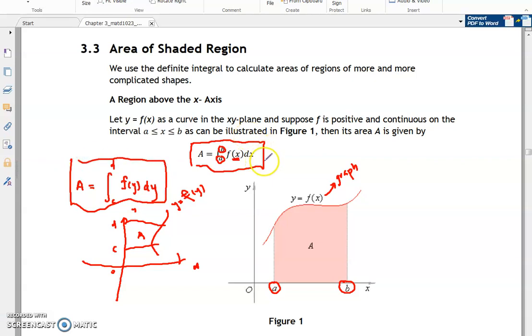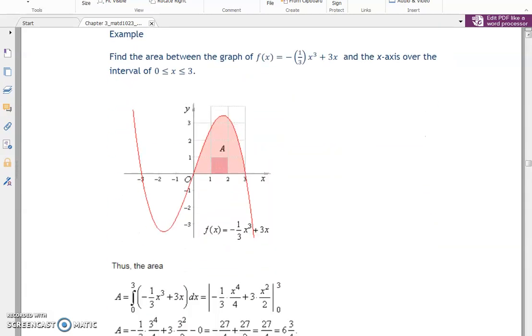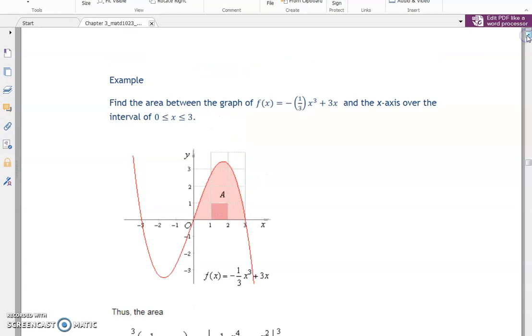Okay, now let us have a look at an example. Let's say you have the question: find the area between the graph of negative 1 over 3 x cubed plus 3x, and the x-axis over the interval of 0 and 3.